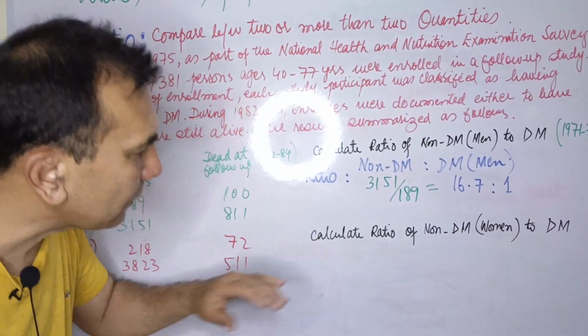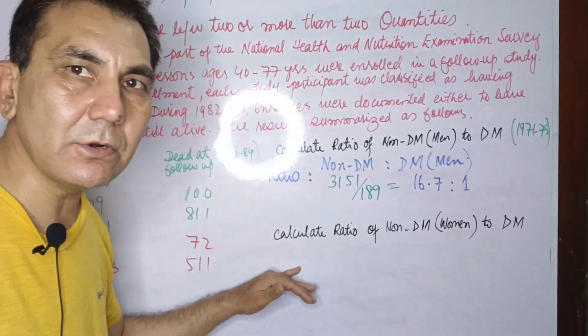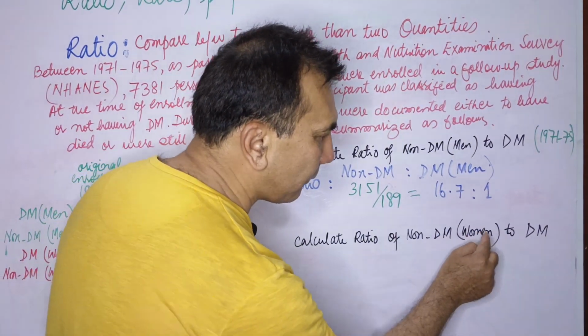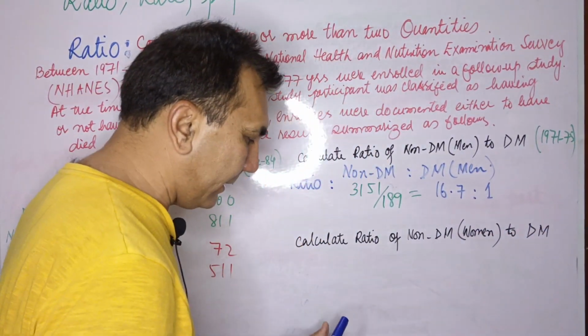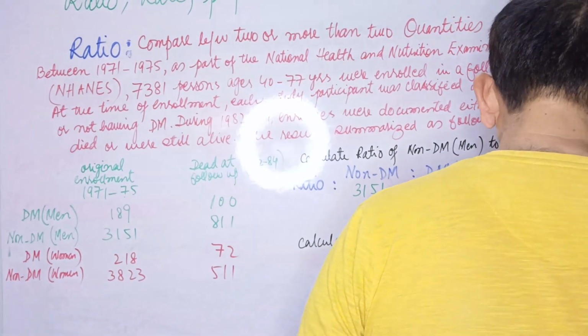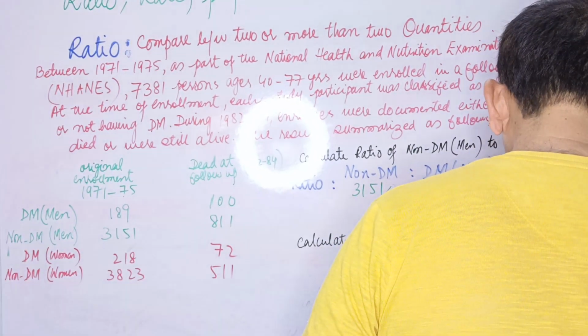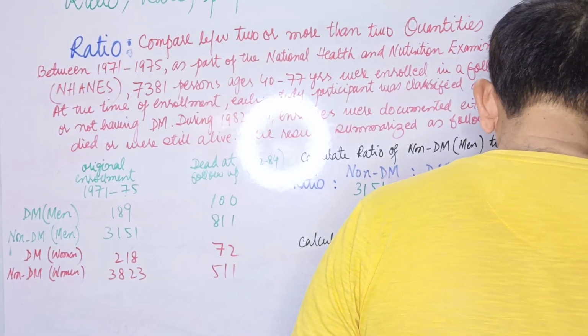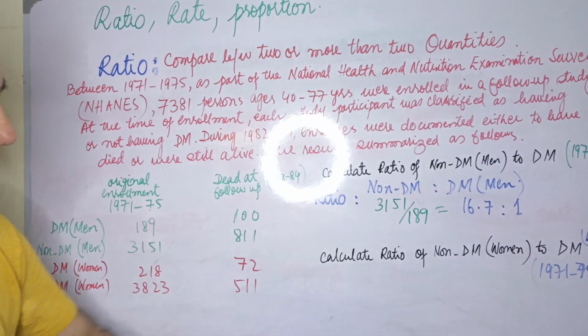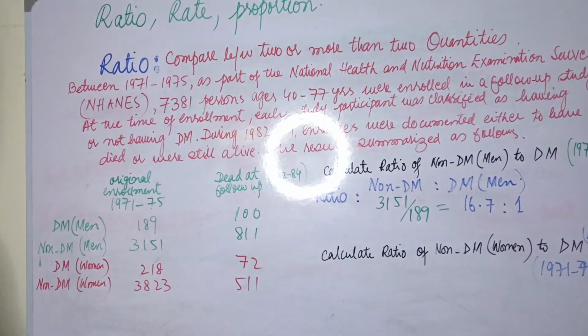Okay, now we will calculate the other part of the question: calculate the ratio of non-diabetic women to diabetic women in the original enrollment of the survey from 1971 to 75.